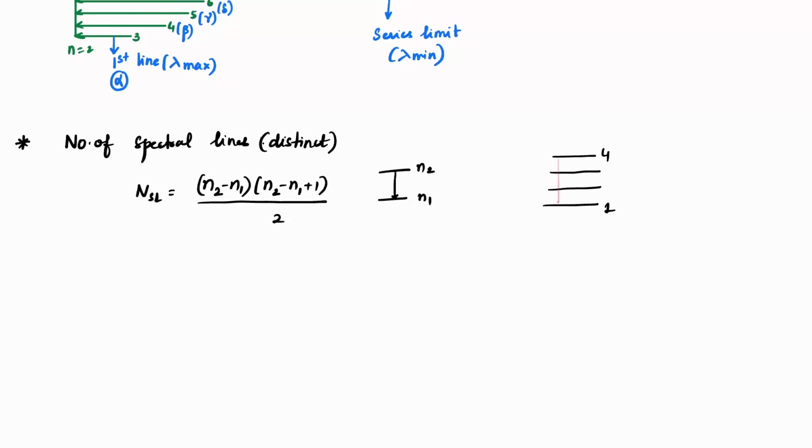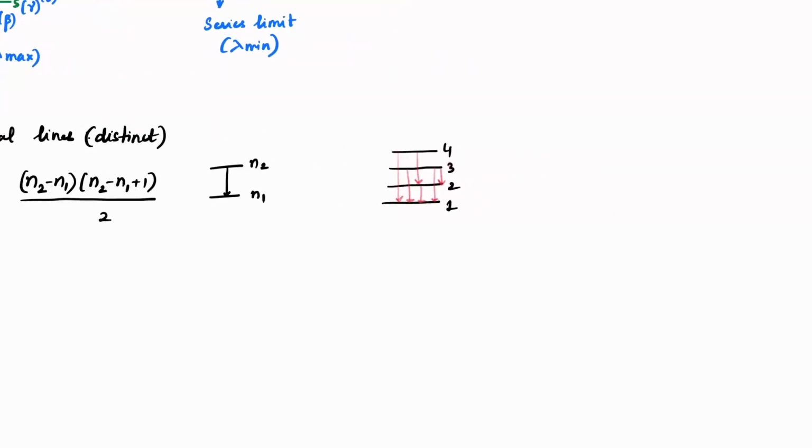See, 4 to 1, 3 to 1, or it can also come from 2 to 1, or it can go from 4 to 2 and then come to 1, or 3 to 1 directly, or then 4 to 2 directly, and then 3 to 2, and then it goes to 2 to 1. Now count the number of different lines here. 6 lines you got.